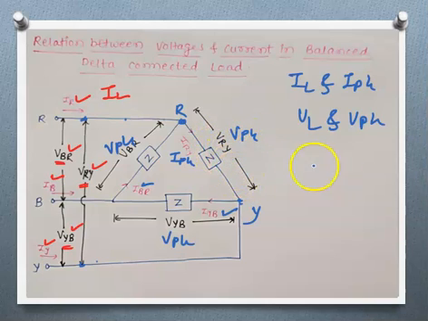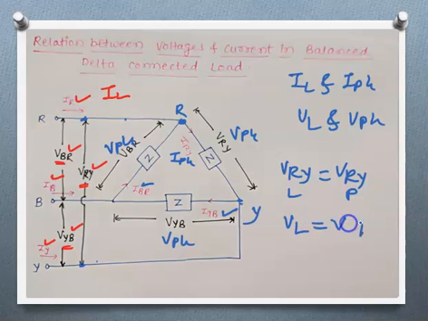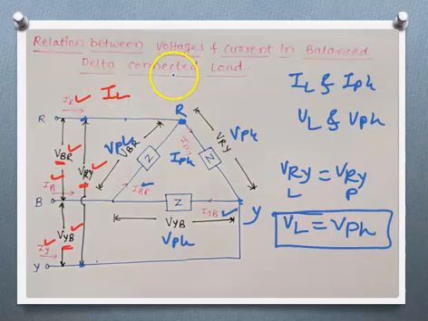That means by observation we can say that VRY line equals VRY phase. That means in case of delta connected load, line voltage is nothing but phase voltage. By observation we can say that VL is equal to VPH in case of delta connected load.